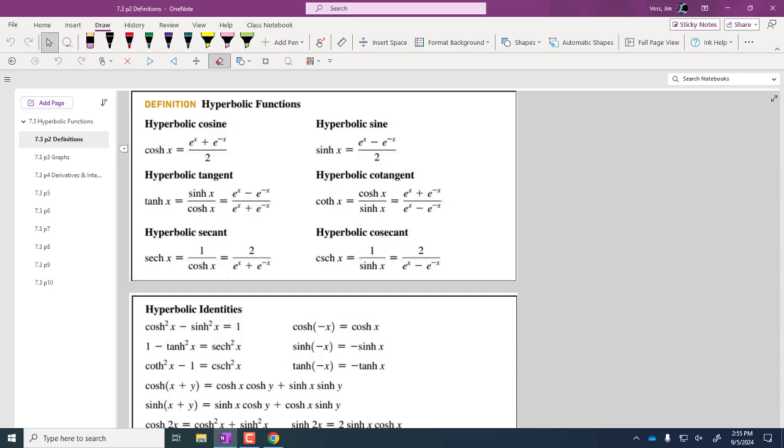The 3 that people have complete variation for are the next 3: tanch, cotanch, sech, cosech. That's how most people will say them. But it's definitely not airtight. Some people will say things slightly differently.